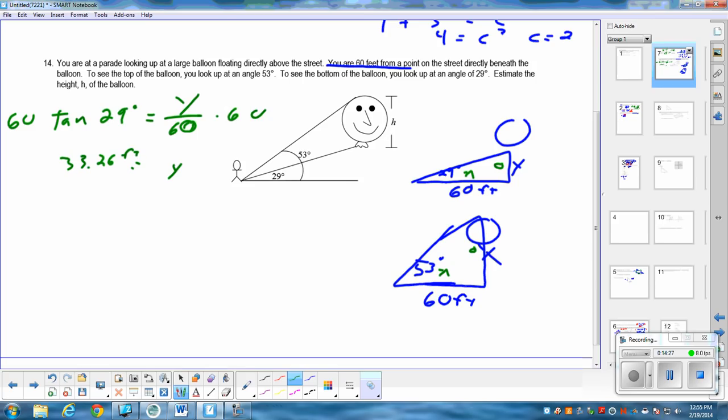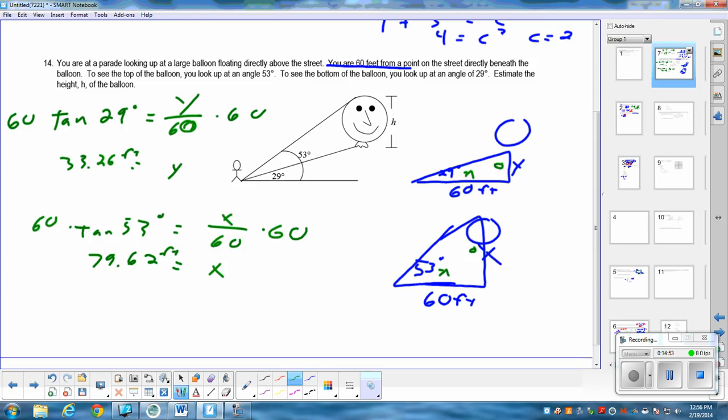And when we look at the bigger triangle, we have the tangent of 53 degrees equals x over 60. Again, multiplying 60 on both sides, my calculator tells me that x then equals 79.62 feet.